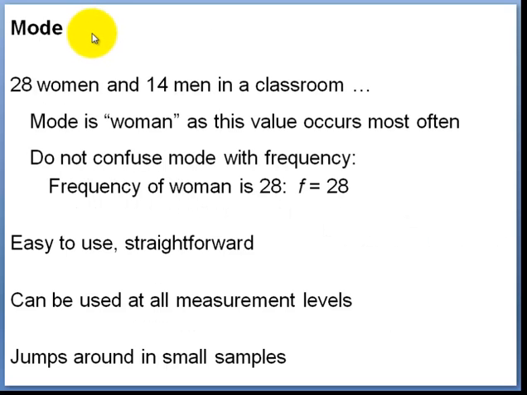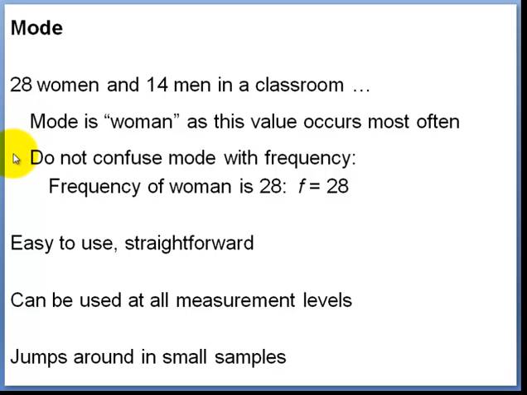So let's look with a little bit more depth at the three measures of central tendency, beginning with the mode. We have, say, 28 women and 14 men in a classroom. The mode is woman, as this value occurs more often than does any other.